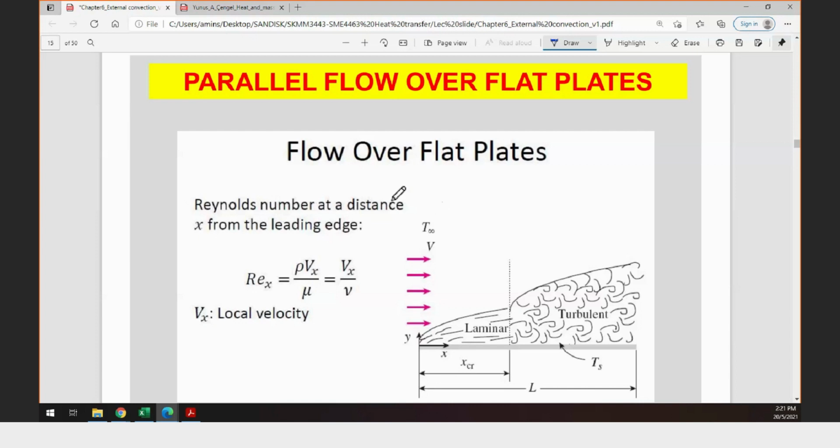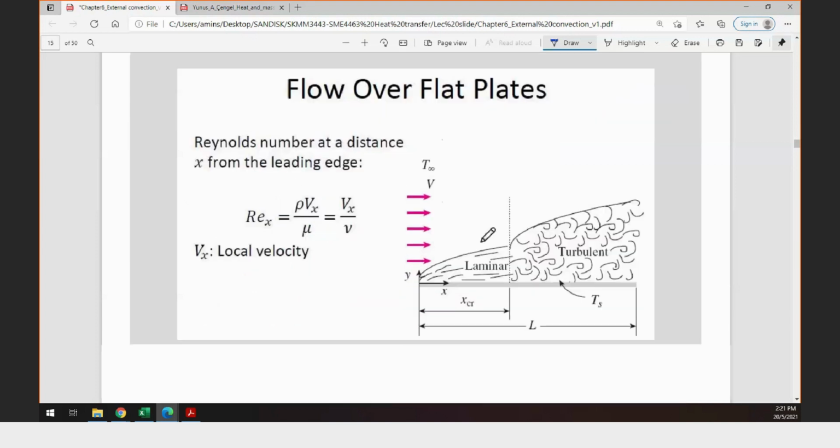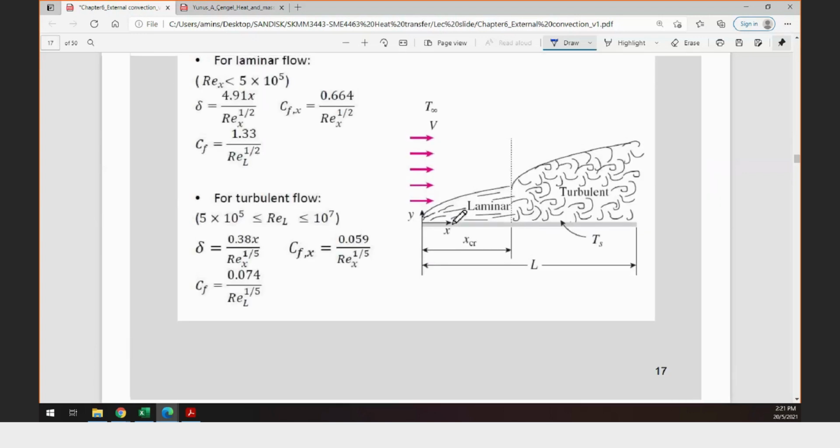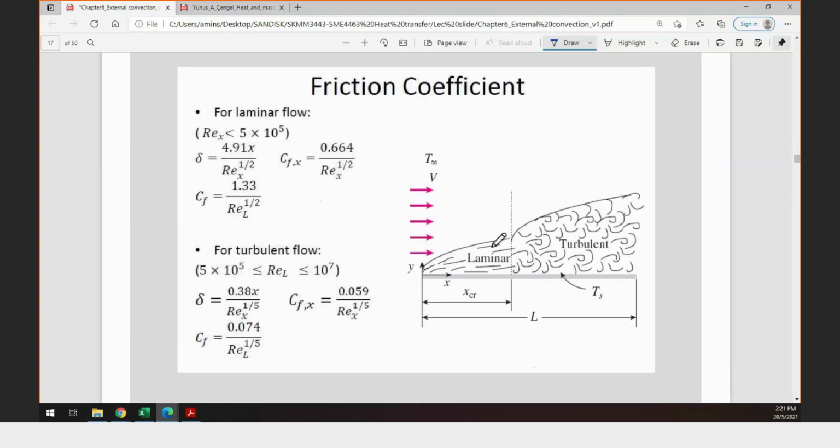For example, this is flow over a flat plate. Okay, I skip this first. So you can see there is some coefficient. I'm not going to cover this because it is the same thing. If you are looking for the drag force, then you need to calculate this value as well.